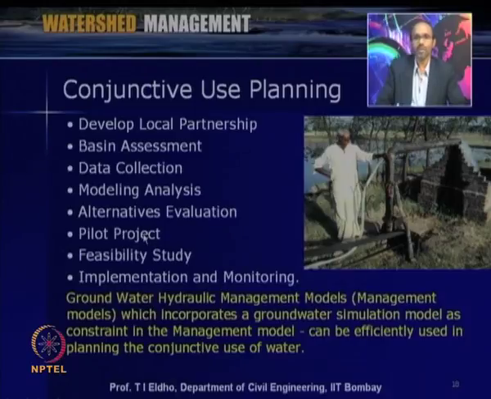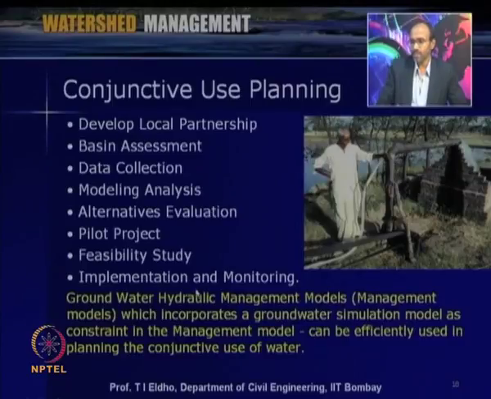And then we have to develop a detailed feasibility study for the area to develop an appropriate conjunctive use plan. The next stage is to implement the best developed plan, and then constantly monitor whether it is working perfectly fine and giving the optimal outputs.